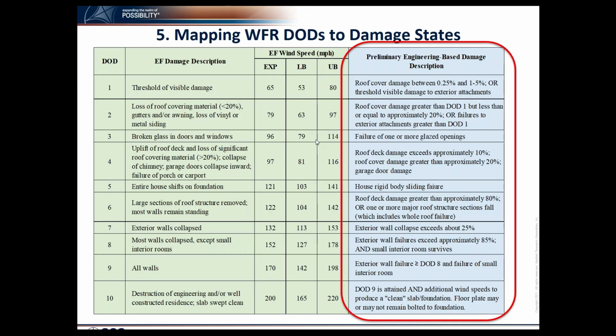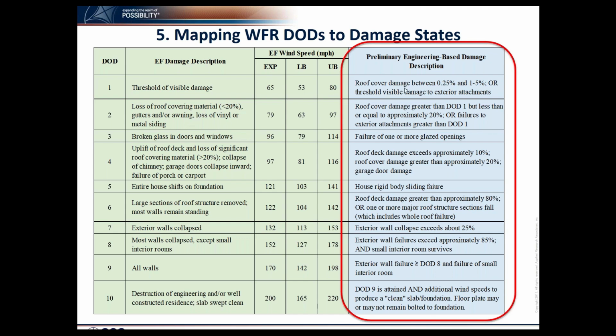Now, when we run our model, we get the damage of a building and how to interpret that and map it to the DOD state that we have in the EF scale guidance document. In the EF scale documents, the DOD descriptions are subjective and need observer interpretation, but our model doesn't know that, so we need to quantify the damage.